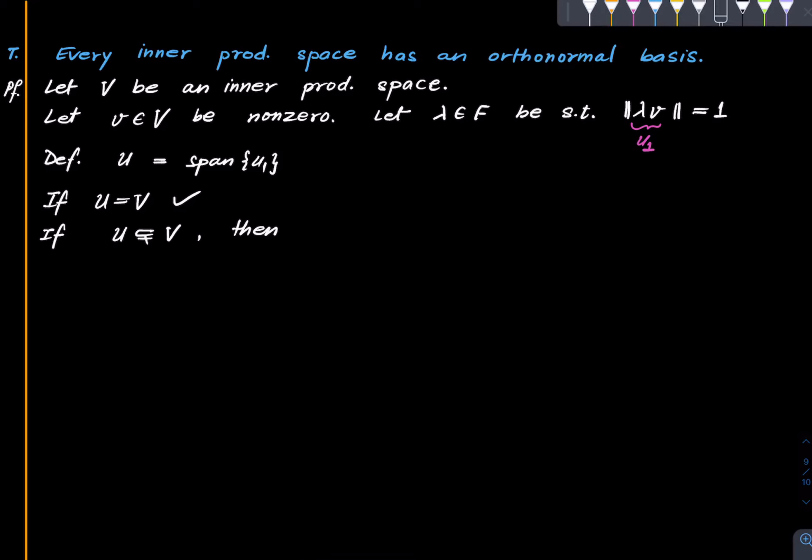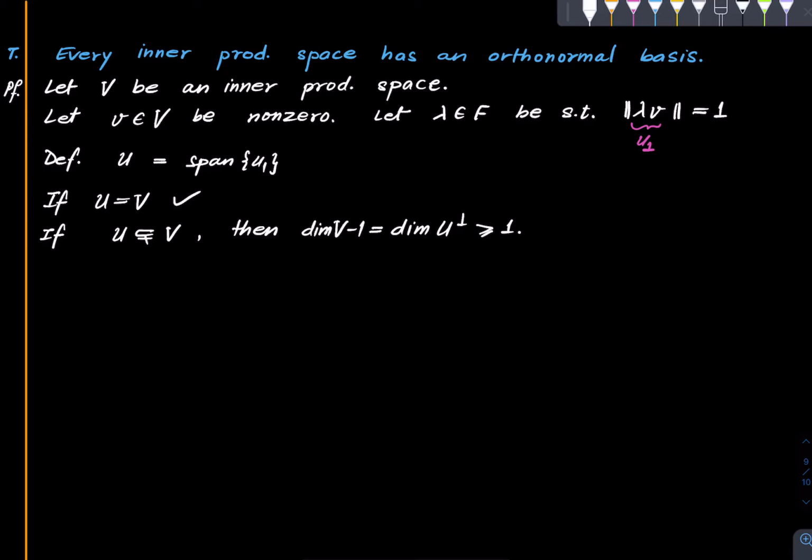So the dimension of U perp is at least 1. But at the same time, it is strictly less than the dimension of V. In fact, it is 1 less than the dimension of V, because the dimension of U is 1.